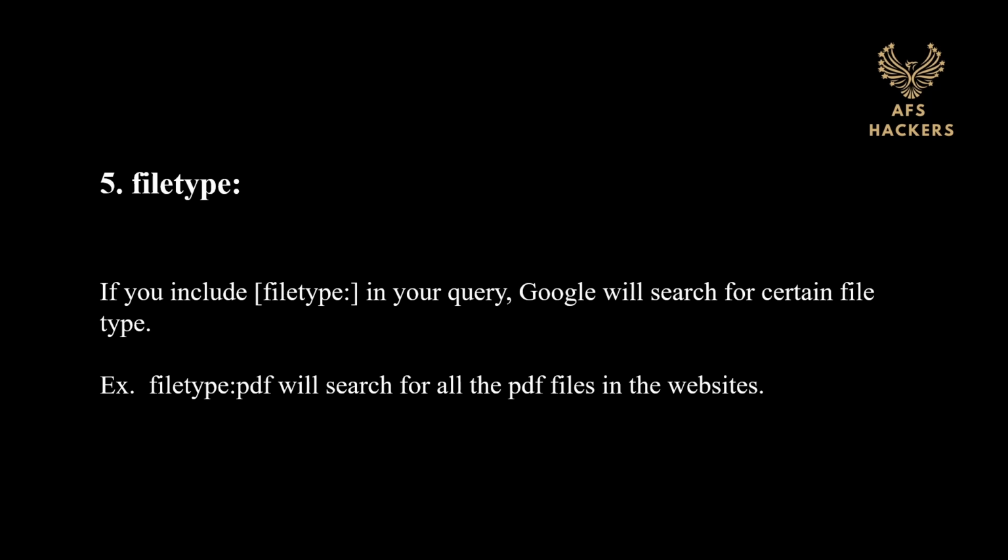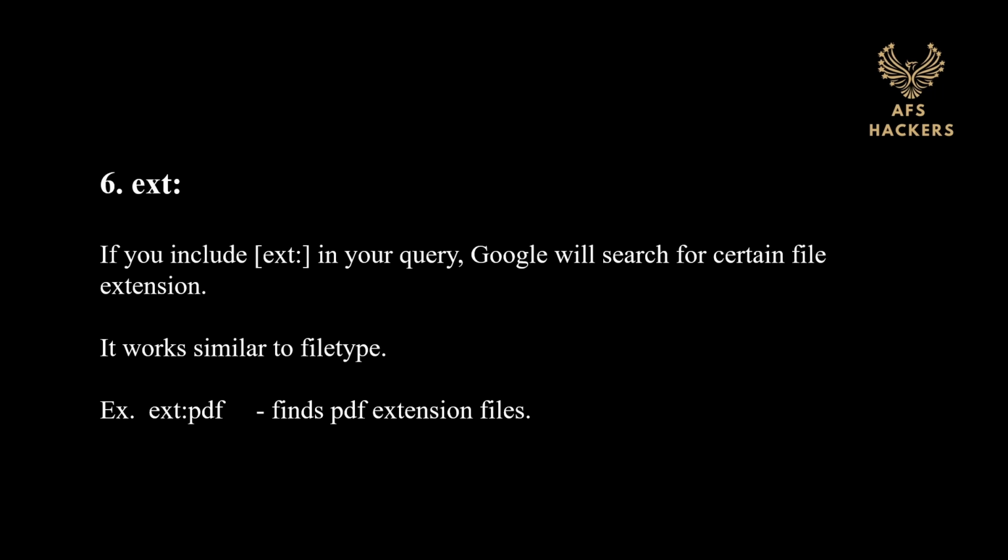Let's see filter number 6, that is ext, that is extension. If you include extension in your query, Google will search for a certain file extension. It works similar to filetype. For example, if you just type ext:PDF, Google will find PDF extension files.